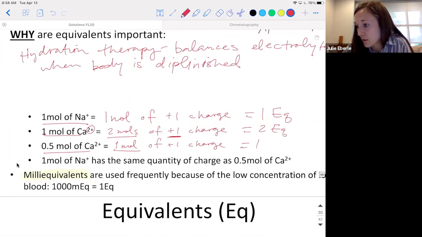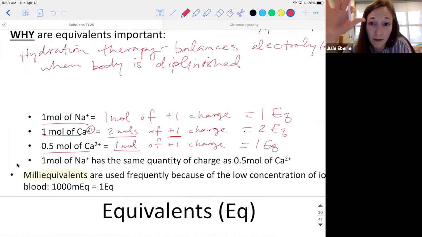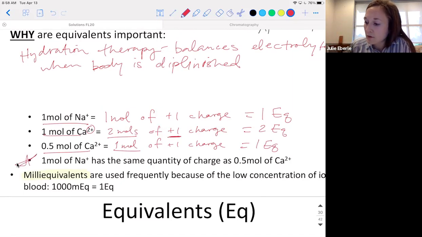And that should just be 1 equivalent, just like what we saw with the sodium. Okay, am I losing anybody right now? Makes sense so far? So the point we make after those 3 things is that 1 mole of sodium has the same quantity of charge as half a mole of calcium. All right, that's kind of what we gathered. Both of these are 1 equivalent. We're just looking at the charge here.